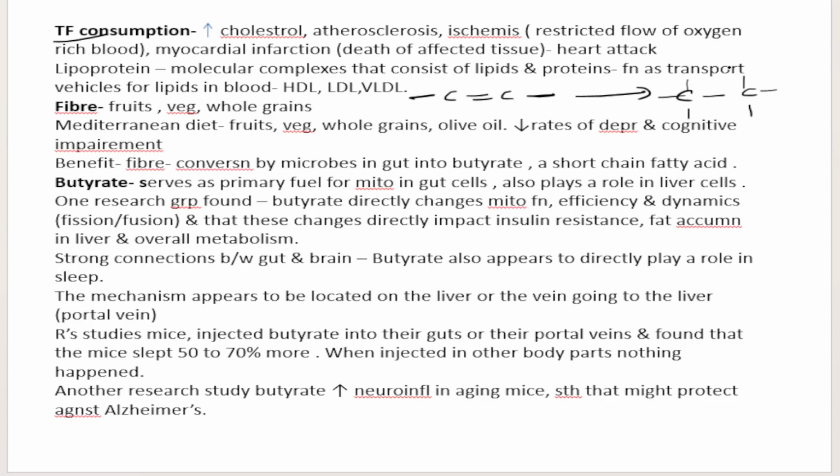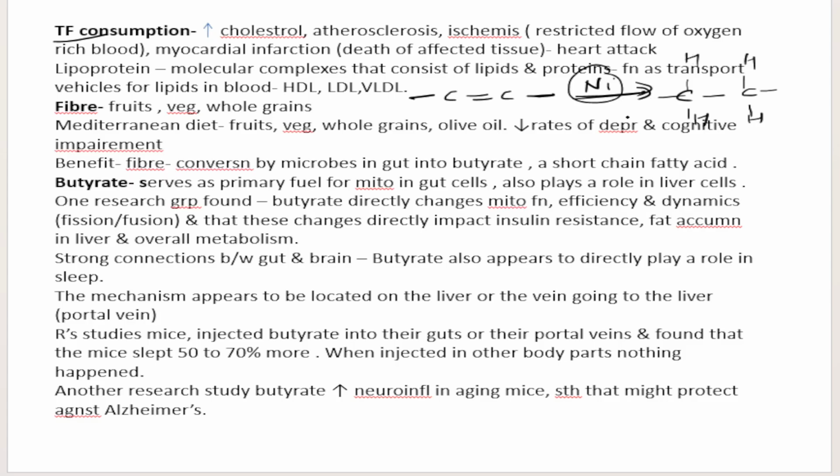It is converted into a saturated fat by a chemical reaction in which nickel acts as a catalyst. So this is known as hydrogenation of fat.